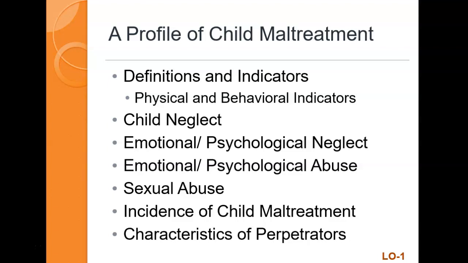Developmental lags are identified. So if there are any delays in a child's normal development, hopefully you're learning about the developmental stages in your human behavior in the social environment class. But any type of developmental delays may trigger concerns of child maltreatment.